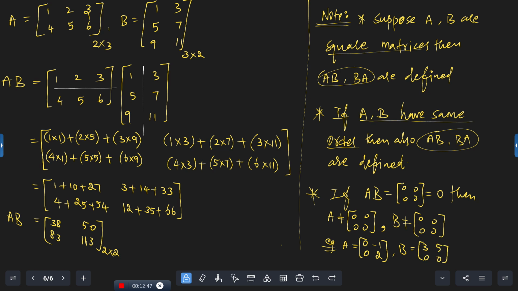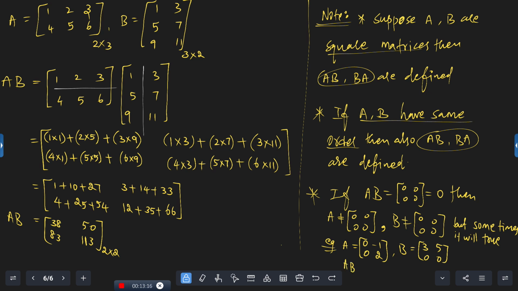Sometimes it may satisfy, sometimes it will be true, not always. If A matrix is fully 0, then when you multiply with anything it will satisfy, but not always. That is what I am giving as an example.